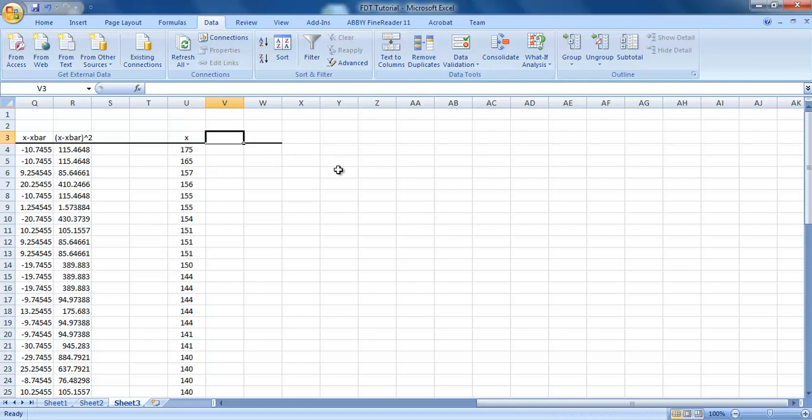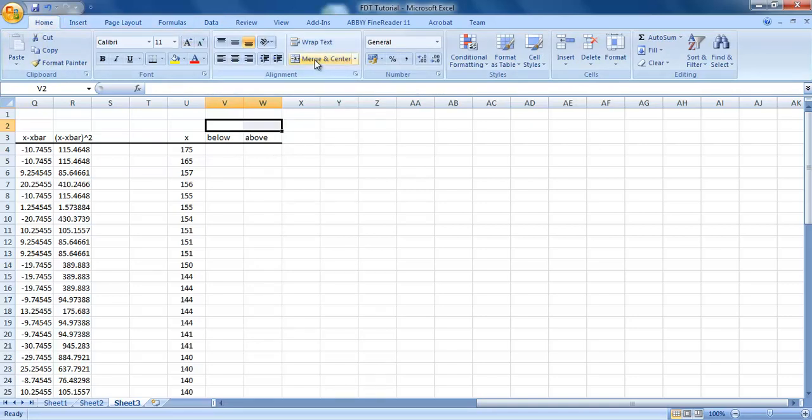Now, let us place the rank. Rank from below and rank from above. I'm going to merge the two cells.